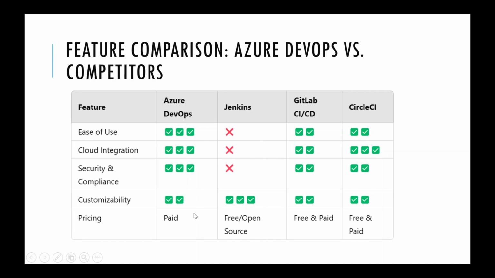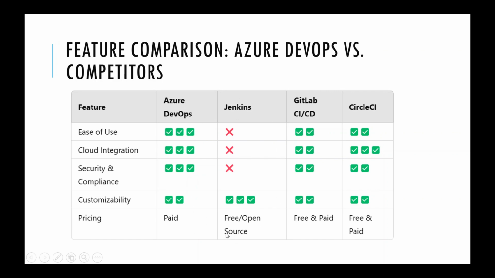Pricing, Azure DevOps is paid. You get some of the features, and you can say most of the features, free, but for storing the artifacts or running multiple jobs in parallel, you will have to pay. So you can say Azure DevOps is a paid tool.